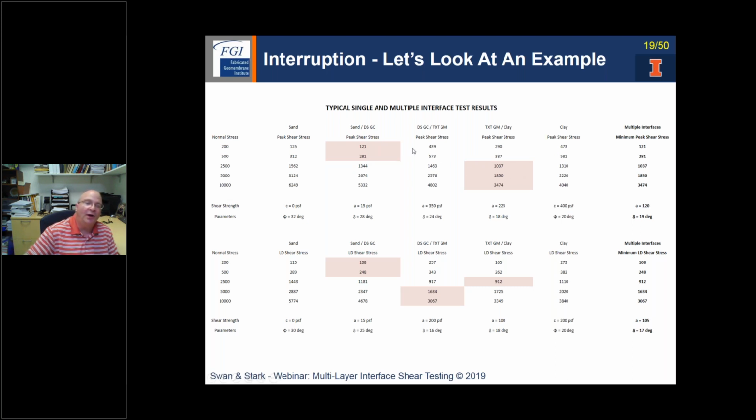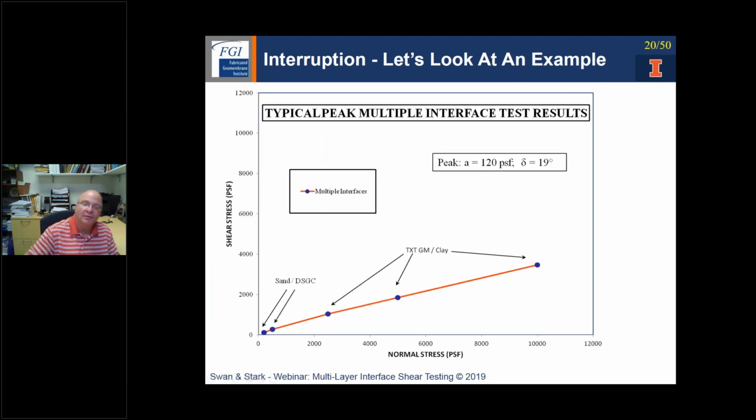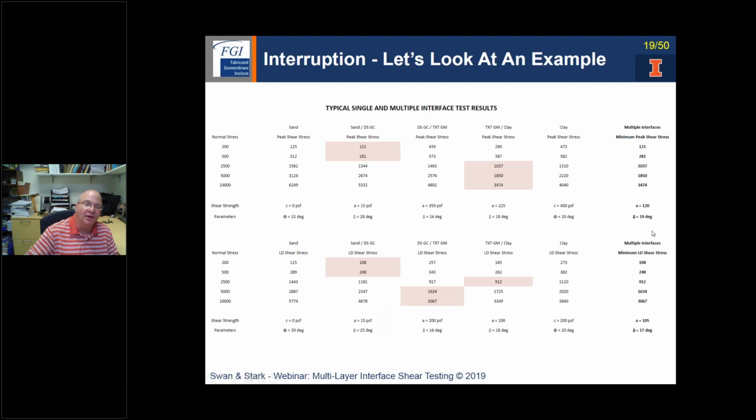And so therefore, if I was to collect these values, I could create theoretically a multi-layer interface result summarizing the weakest shear strengths measured from 200 to 10,000 PSF that's summarized in this column. And then I could generate a best fit line to define what that failure envelope would look like, and that would have an adhesion of 120 PSF and a friction angle of 19 degrees.